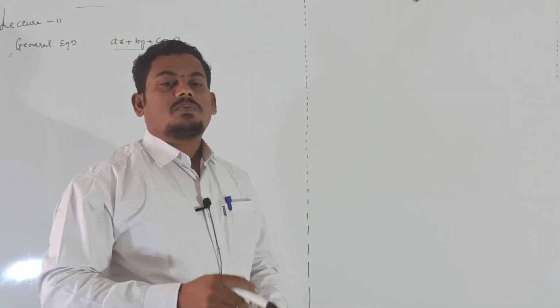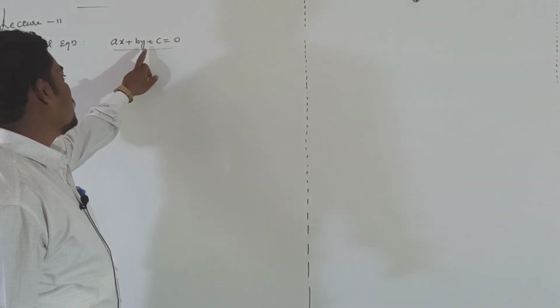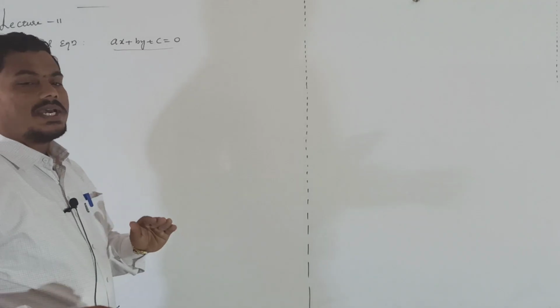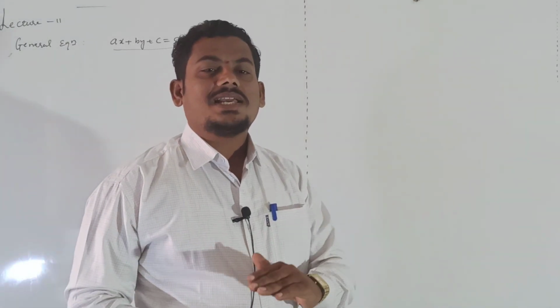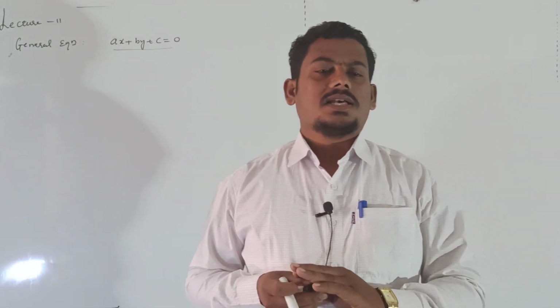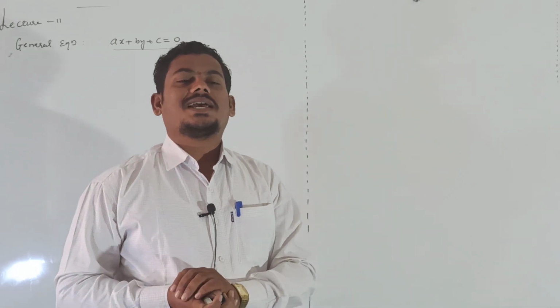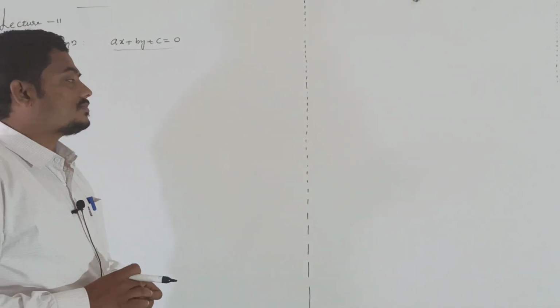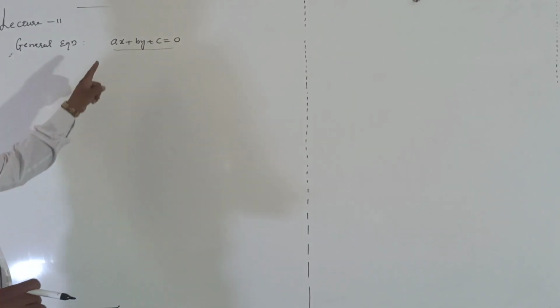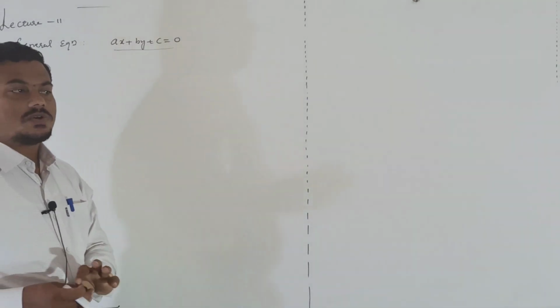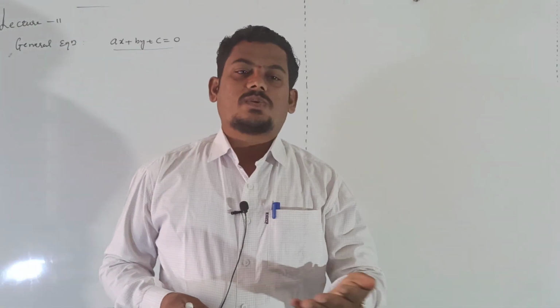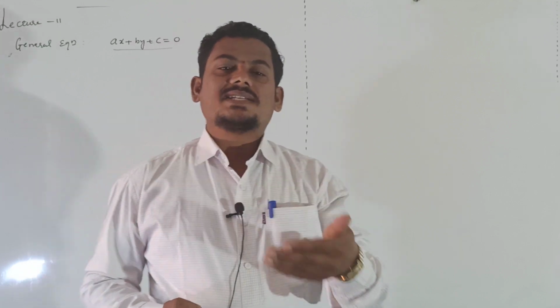The equation of the form ax plus by plus c equal to 0 is called the general equation of the straight line. In the general equation of the straight line, what is its slope? We can find the slope of the general equation of the straight line, right?